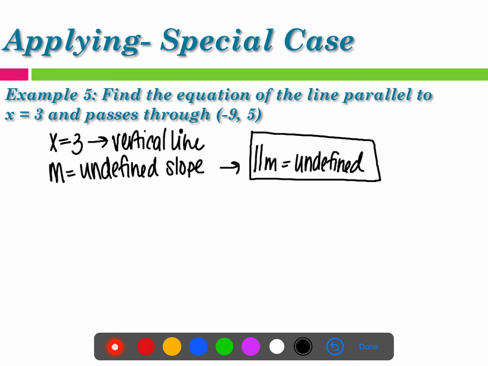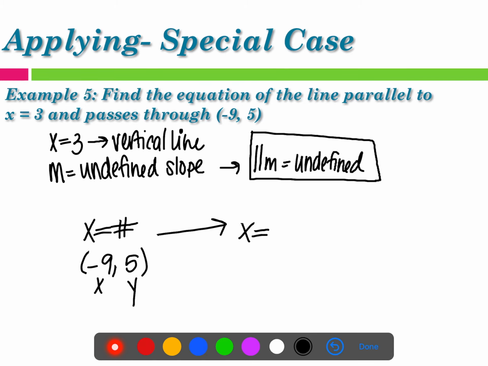So in order to be parallel to a vertical line, you have to be another vertical line. So we are looking for something that is x equals a number. Well, in the ordered pair that we were given, what is our x value? Okay, so x equals negative 9 is our final answer.